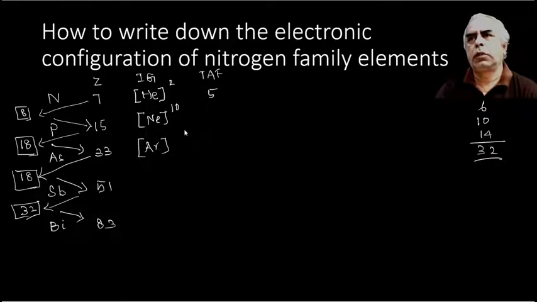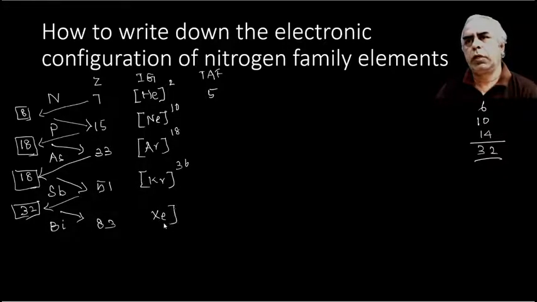So argon is 10 plus 8, 18. Krypton, you have to add 18 here. So krypton 36 atomic number. Then xenon. Okay, so xenon is 54. How? 36 plus 18, that is 54. Okay, right.